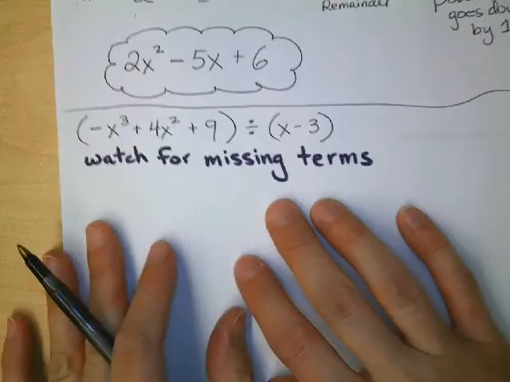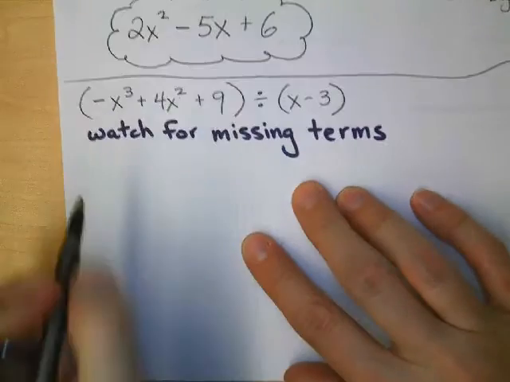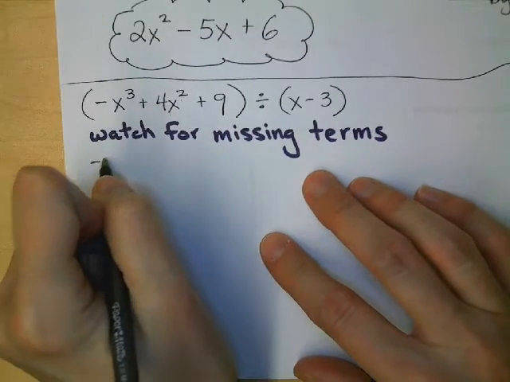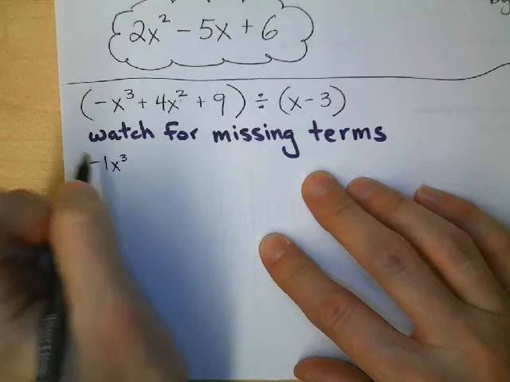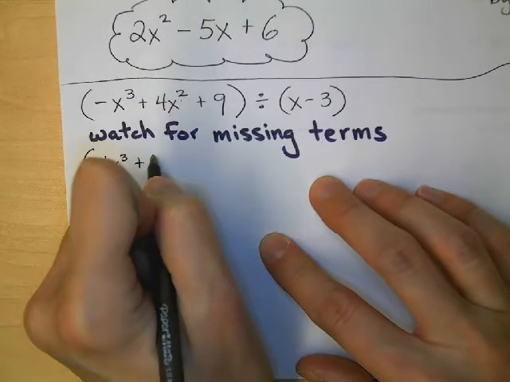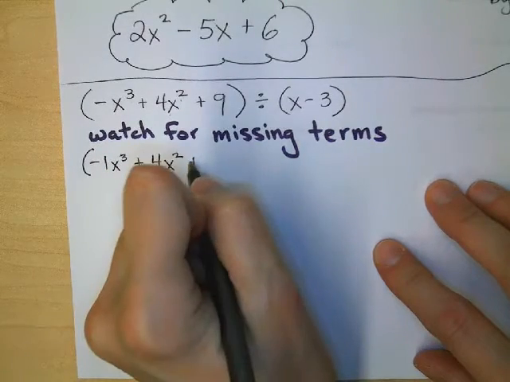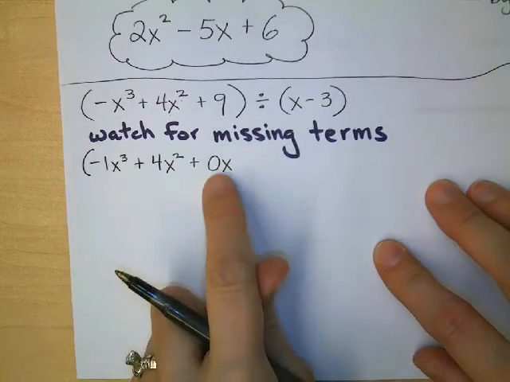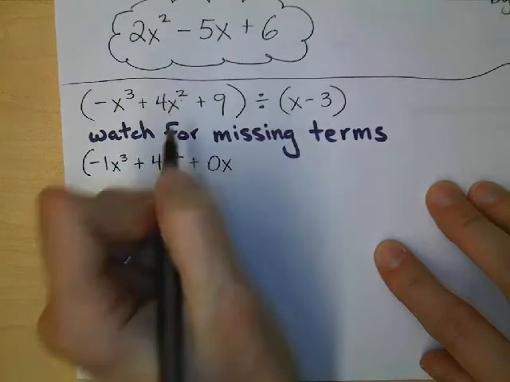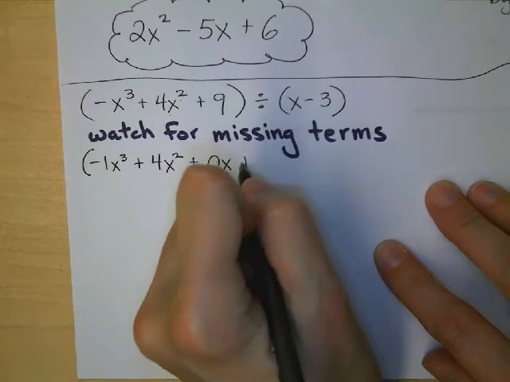Well, this one's missing something. This one has negative 1 x to the 3rd. Yeah, that's like a negative 1. And then you have 4x squared. What's it missing? It's missing an x, so you have to put 0x. You're going to have to rewrite this thing.